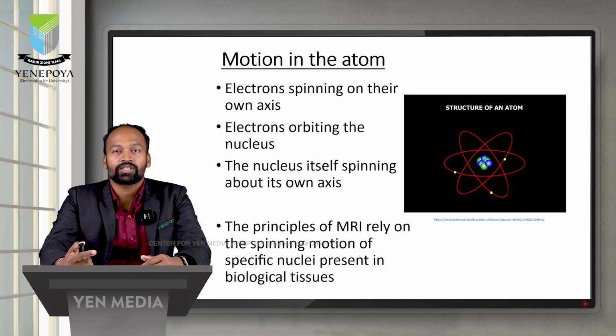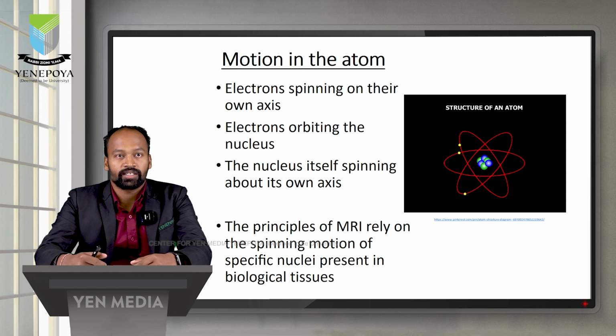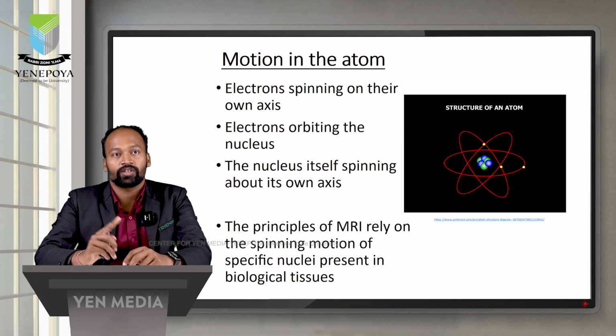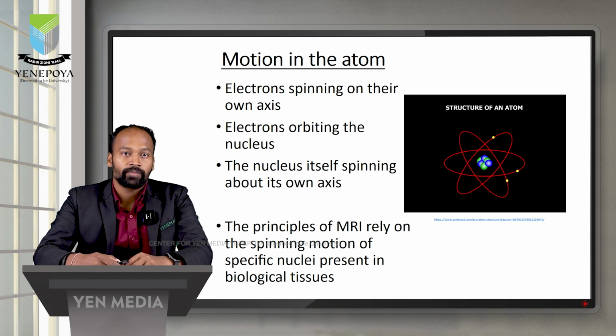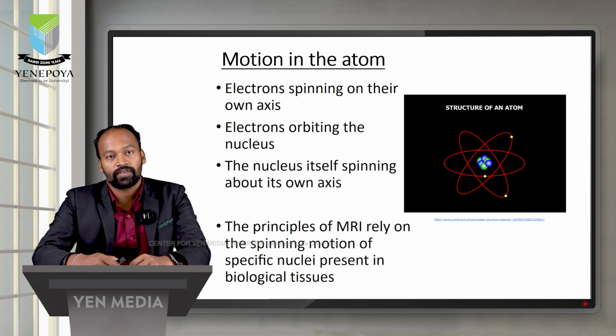The third is the nucleus itself spinning on its own axis, the nucleus present in the center of the atom. Basically, the principle of MRI relies on the spinning motion of specific nuclei present in biological tissues.